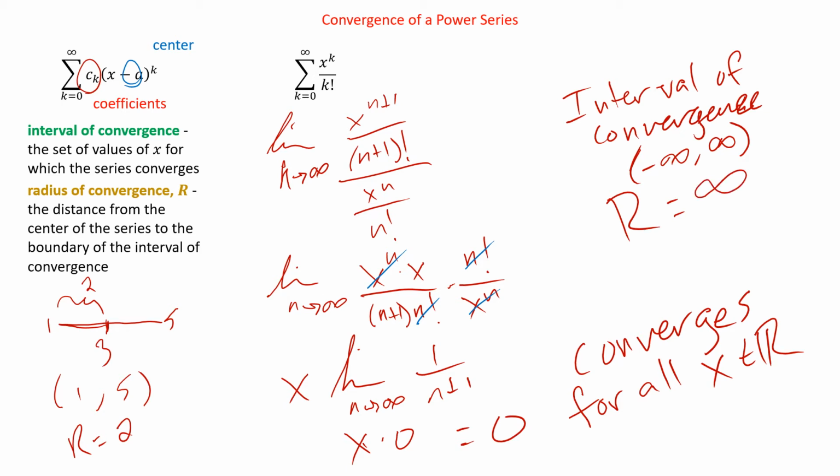It just means it works for all x. So that's exciting. But what about when it doesn't just go to 0 like that? That's kind of a cheap one. Well, let's take a look at another one.